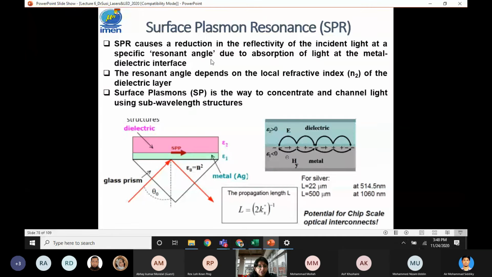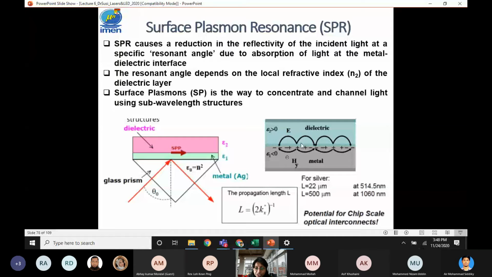Okay, so SPR causes a reduction in the reflectivity of the incident light. So you have light hitting a metal layer over here, and the light is reflected back and collected by a detector. What happens in this metallic layer is you have oscillation of electrons and holes, and this we call the electron gas.